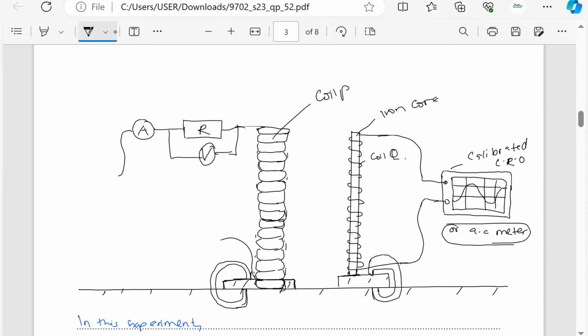Then on this side I can also put a CRO connected to the power supply. So this is a calibrated CRO.